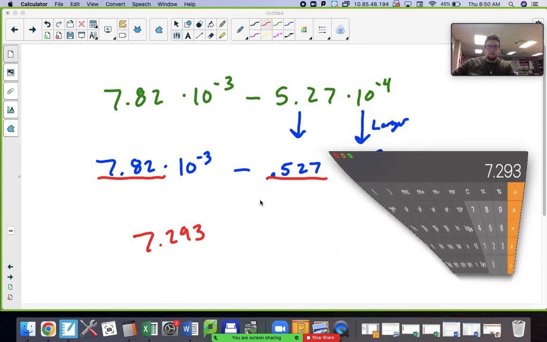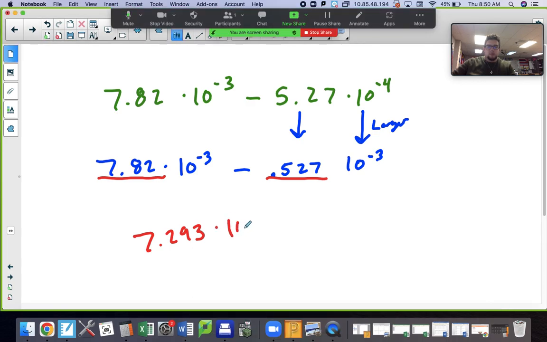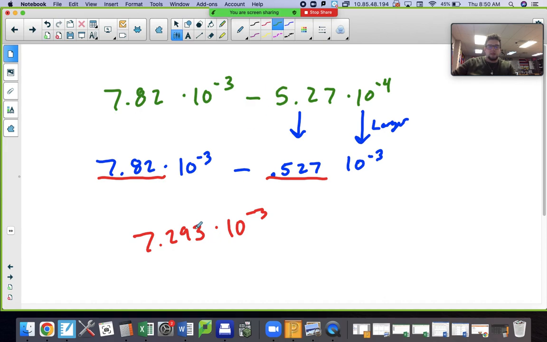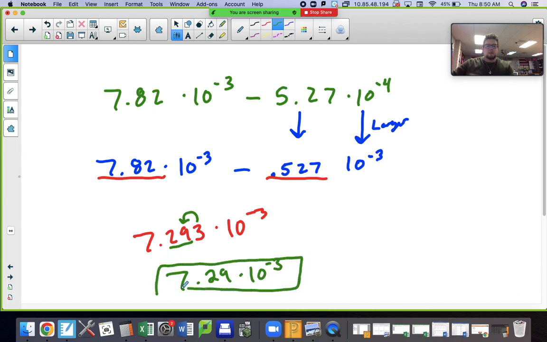Yep. Times 10 to the negative third. I'm only going to keep two decimal places, so I'm going to keep these two. This 3 doesn't have enough power to round us up. We get 7.29 times 10 to the negative third.